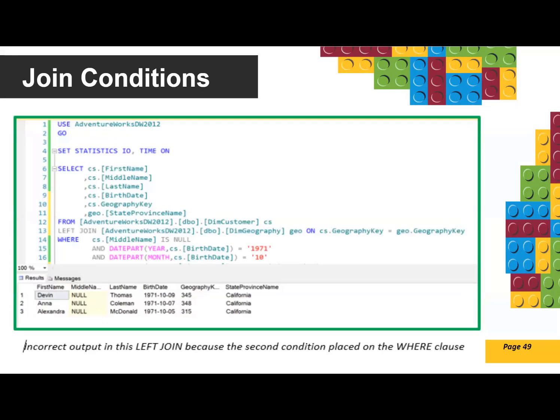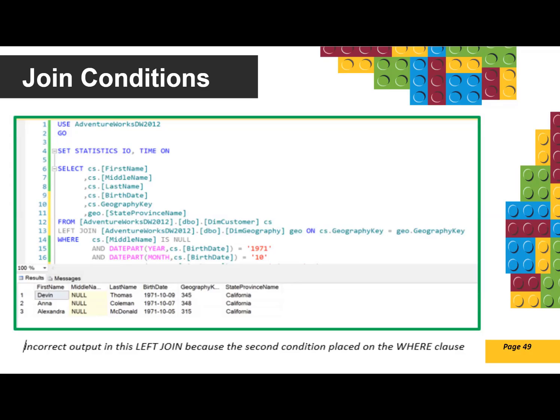This is the most common mistake. I apologize, I cut the last AND section, which is I moved the second condition from that left join down to the WHERE clause. That turned it into an inner join, and that's misleading the data, right?